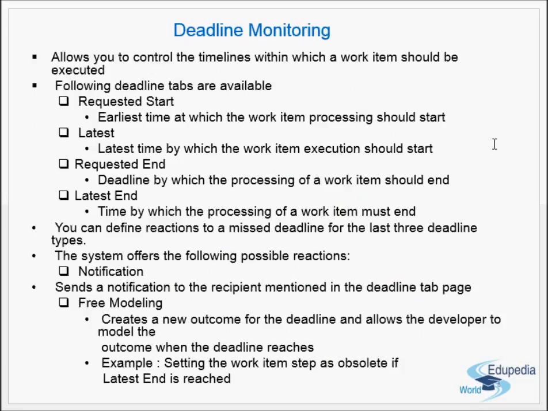Then deadline monitoring. To complete a particular task in a workflow, we set up some deadlines. In order to achieve that, for the work to be completed before the deadline, notifications can be sent. If the work item is not actioned and the deadline has crossed, then we can do certain things: the workflow will be marked as complete, or marked as obsolete, or deleted, and a new workflow has to be created.